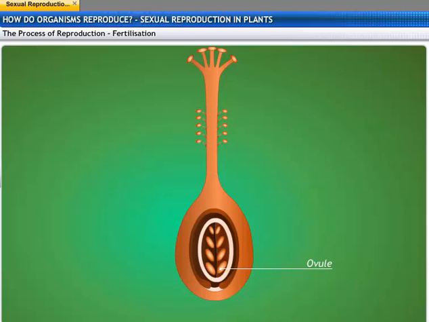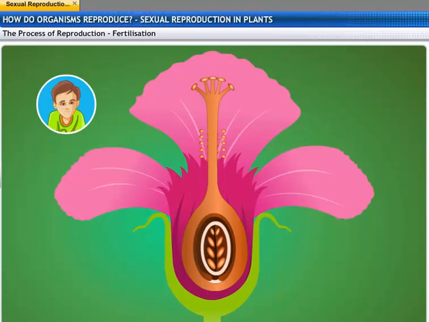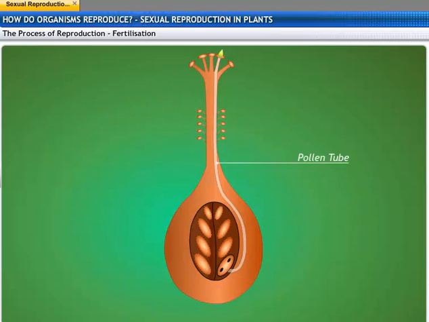Now that the stigma of the hibiscus flower has received pollen grains, these grains have to reach the female germ cells which are in the ovary. So, do the pollen grains just fall through the style to reach the ovary? Not quite.